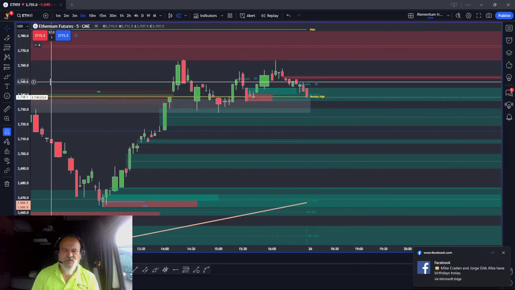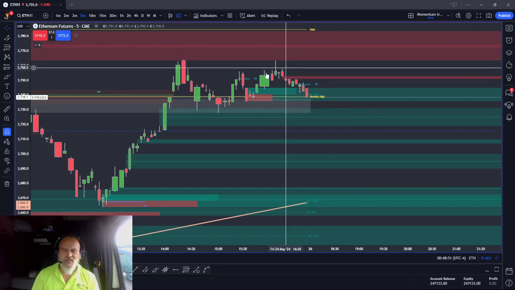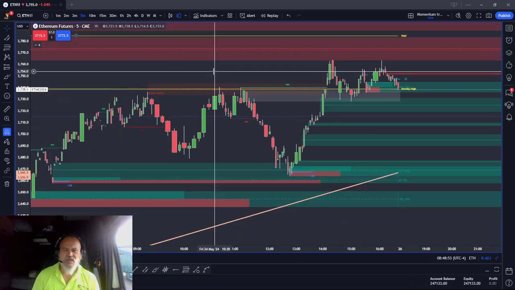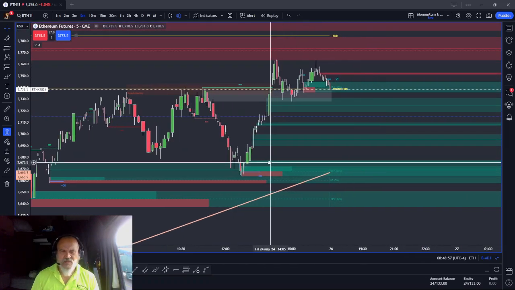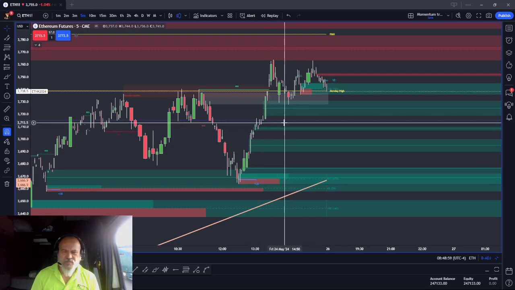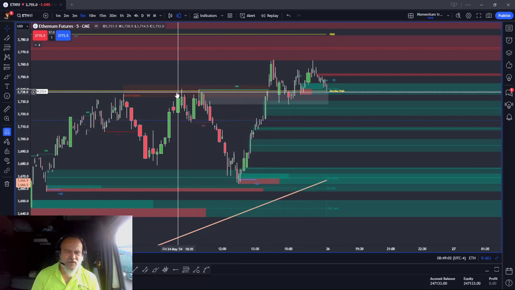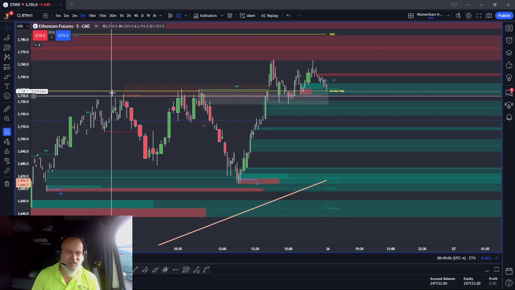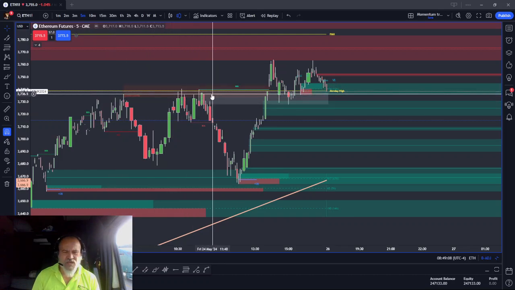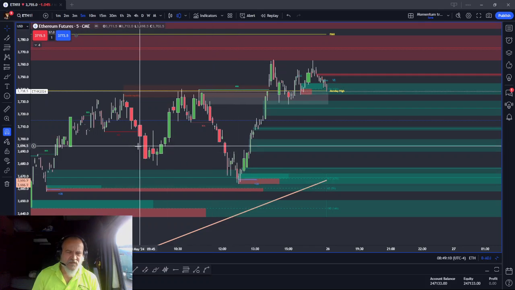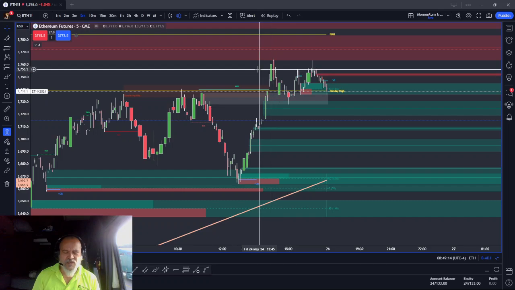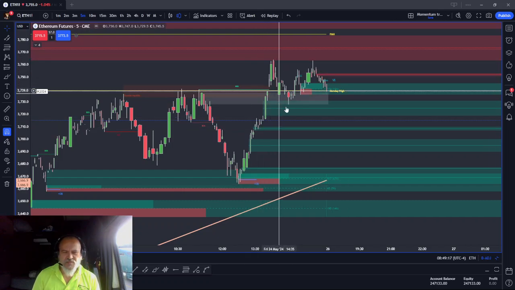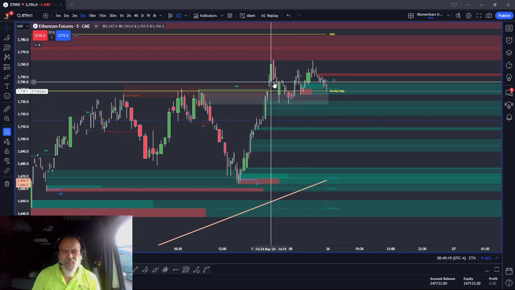And you know, how do you decide which one's going to hold, which one's not? Well, that's a hard thing to do. So, like Ethereum just came up, it bounced off of this level quite a few times, went down, took some liquidity, came up, finally broke through the level, grabbed some liquidity, but we did not have a displacement down from that.